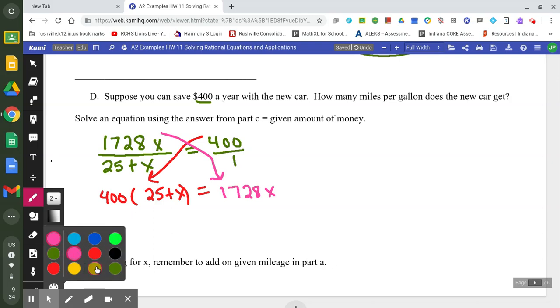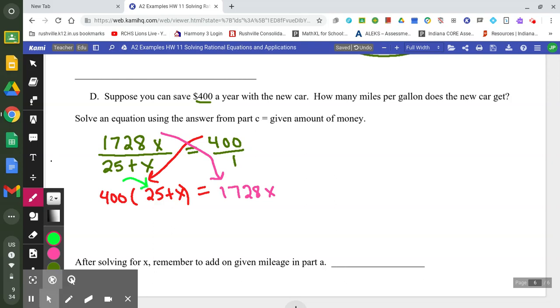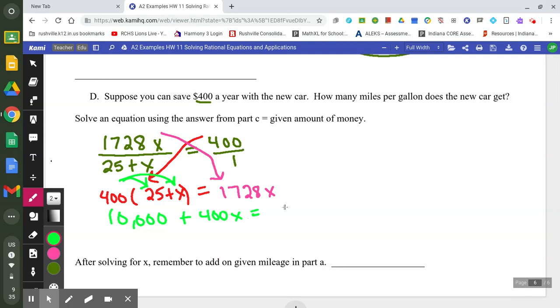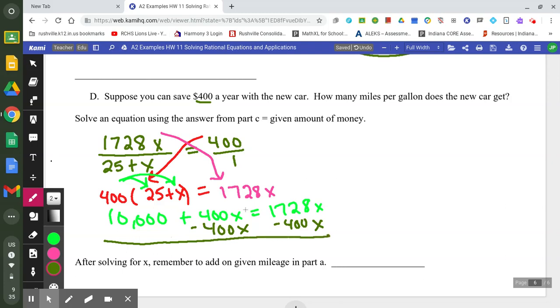So my 400 times 25, okay, that gives me 10,000 plus, and then I've got 400 times x, so plus 400x equals 1728x. So I'm going to subtract 400x on both sides of my equal sign. And again, I've run out of room, so I'm going to write it over here.